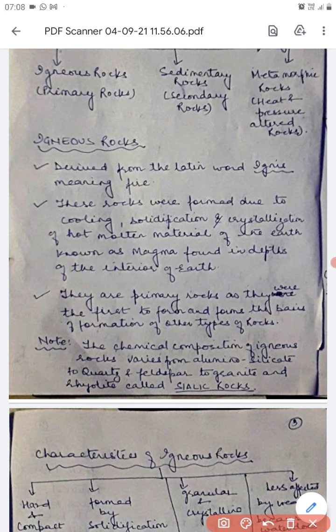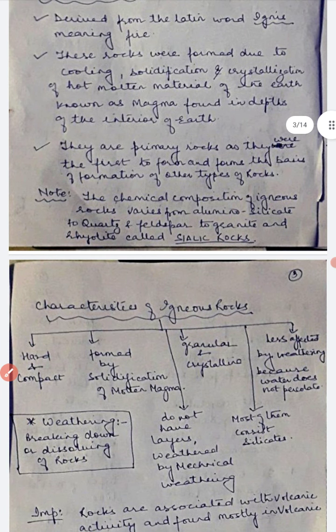Now, the chemical composition of igneous rocks varies from aluminum to silicate to quartz to feldspar, etc. And that is why they are known as sialic rocks.